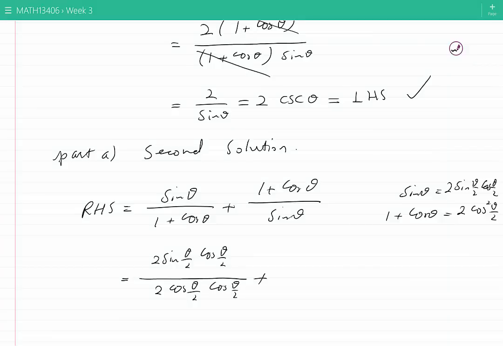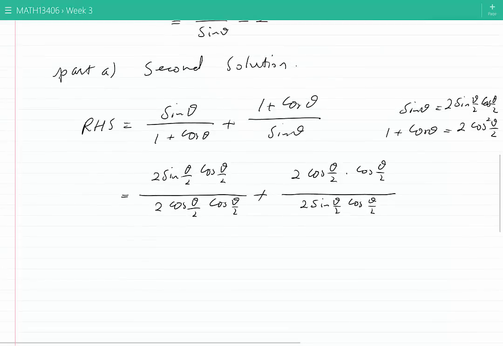For the second fraction, instead of 1 plus cos theta, I can write 2 cos squared of theta over 2, or 2 cos theta over 2 times cos theta over 2 divided by, and instead of sine theta, I can write 2 sine theta over 2 cos theta over 2.